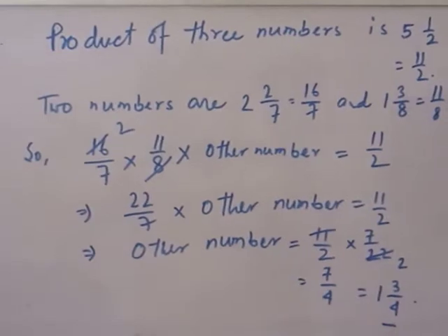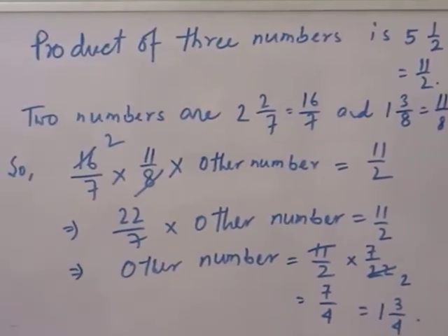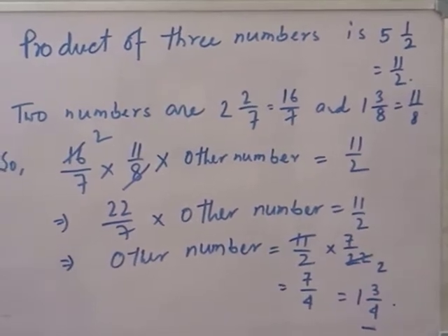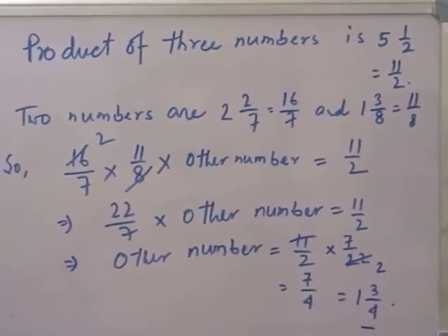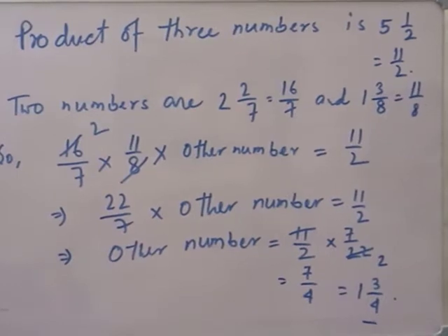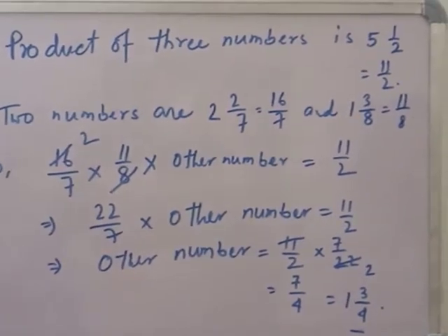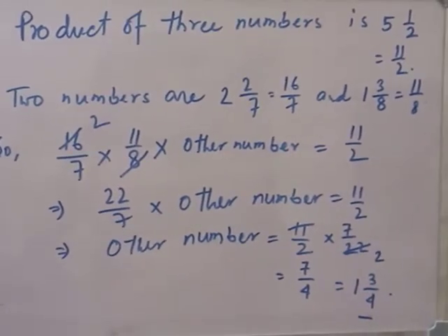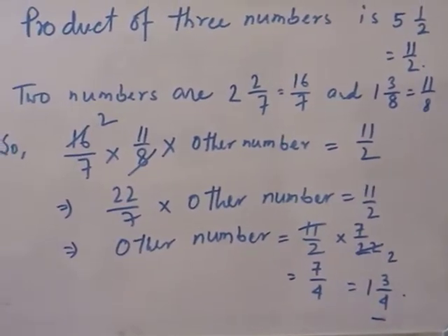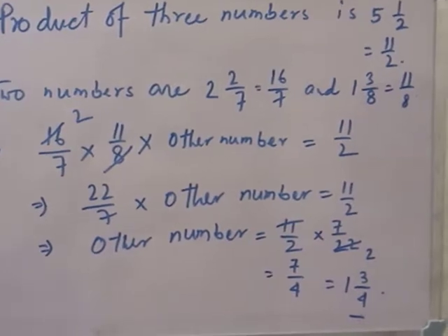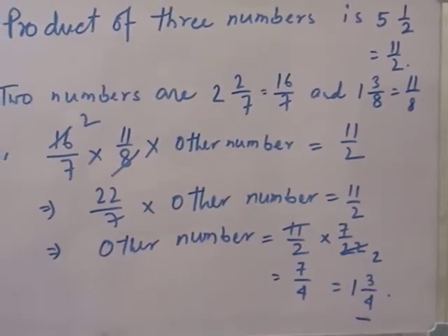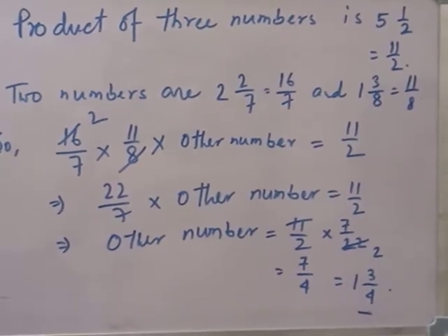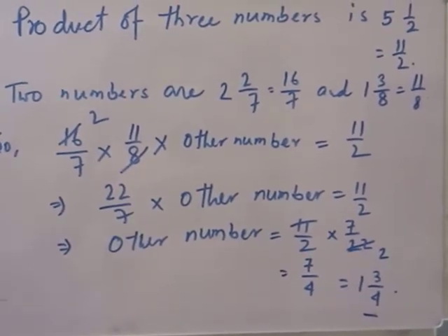Now next is number 8. The product of three numbers is given. So this is 5 and 1 by 2, that is 11 by 2. Two numbers are 2 and 2 by 7, that is 16 by 7, and 1 and 3 by 8, that is 11 by 8. So if we multiply the three numbers we get 11 by 2. That means 16 by 7 into 11 by 8 into the other number; you have to find this number.